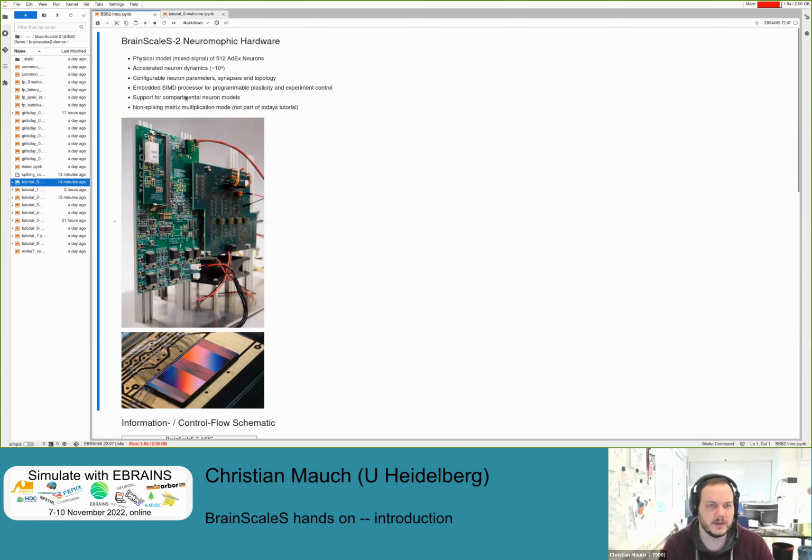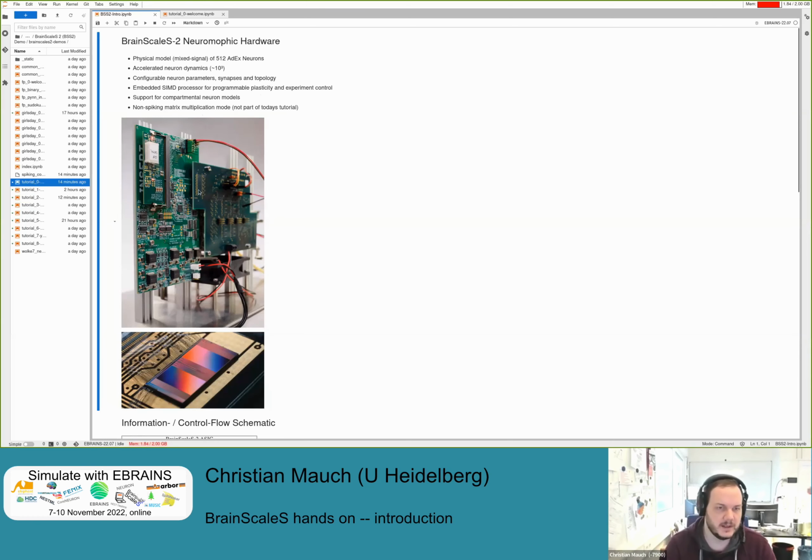And another feature is the support of compartmental neuron models, which you also will learn in this tutorial. Another feature which we'll not cover in this tutorial is the non-spiking matrix multiplication mode, with which you can basically also use the chip in a more traditional machine learning way.